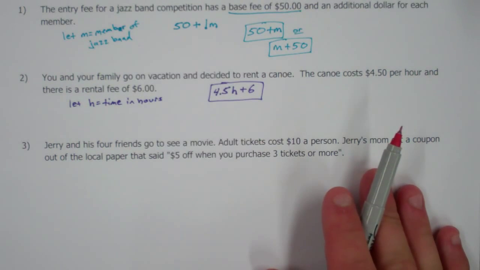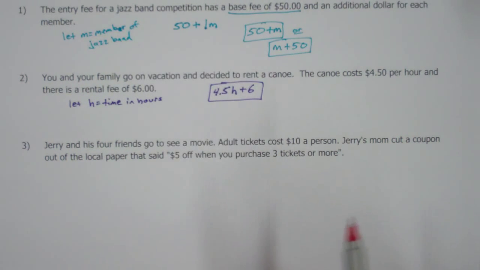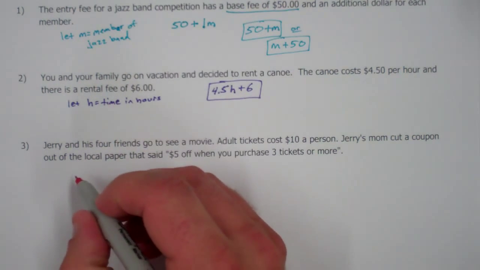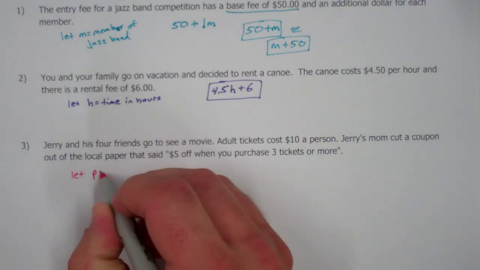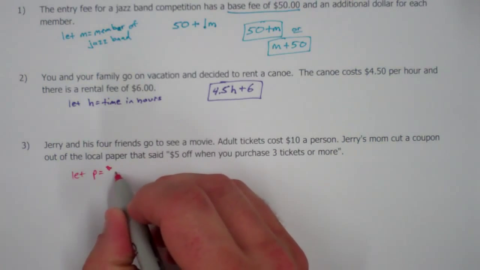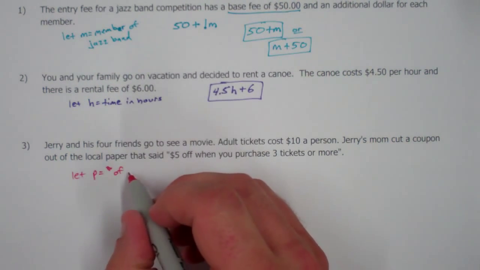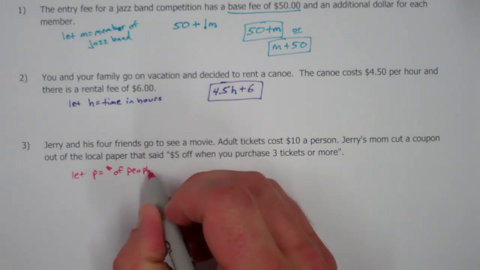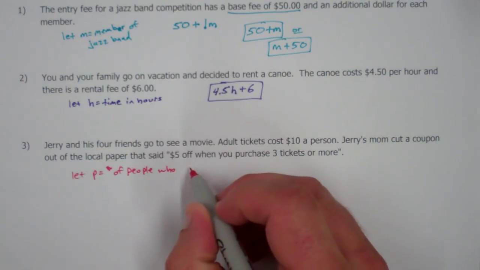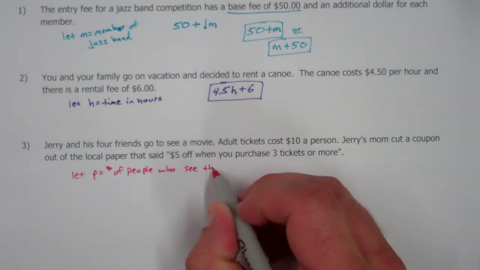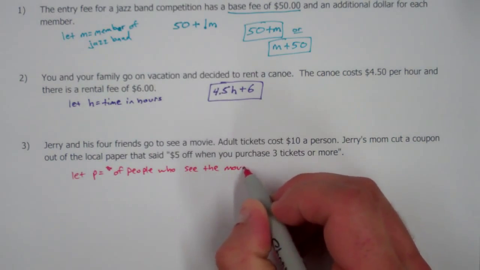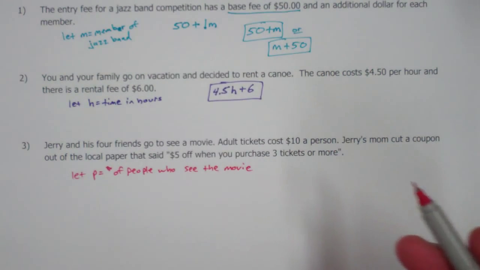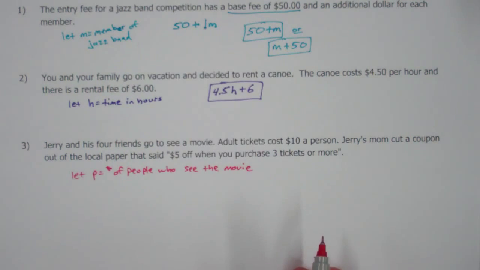What we can do is we could write, maybe, and this is known in this case, but maybe we can say let P equal the number of people who see the movie. You could do F for friends, or really any variable you'd like.